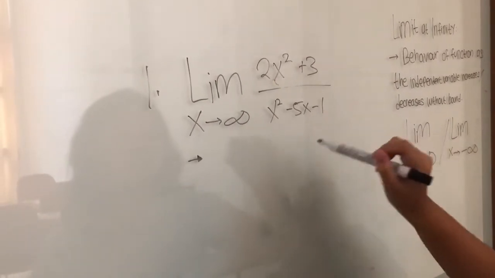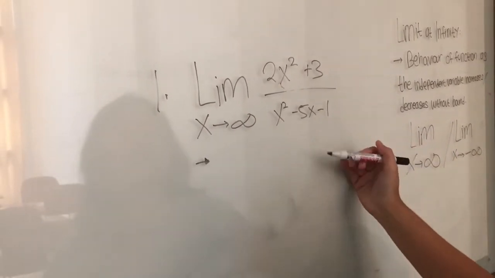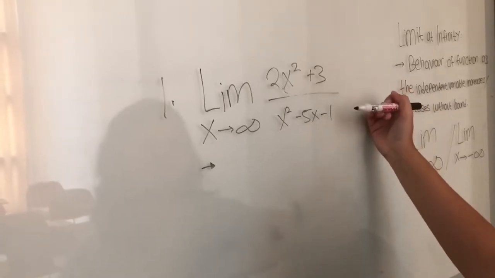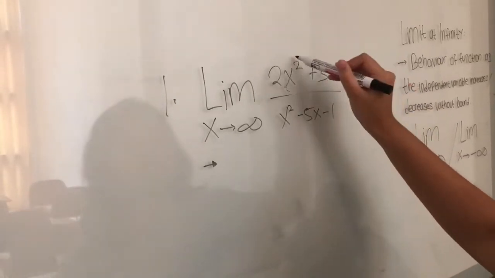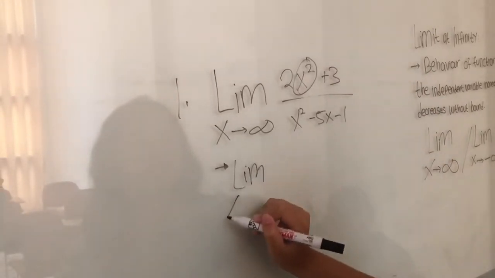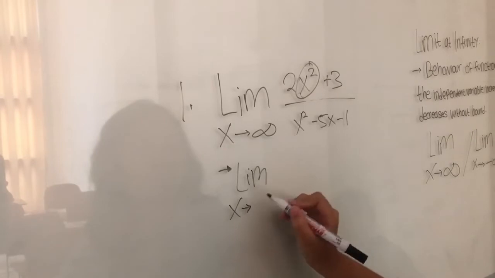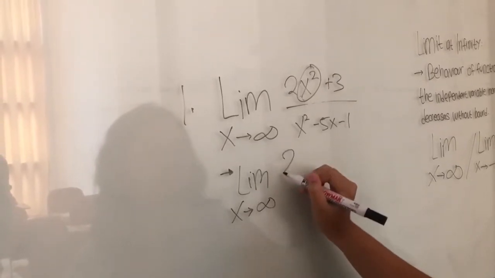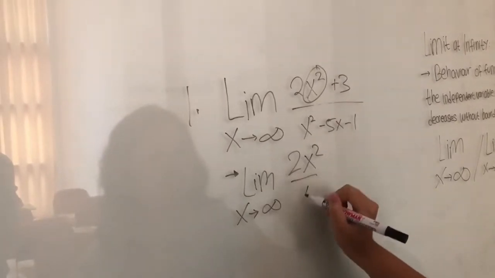When we're going to solve this problem, we need to know the highest degree of this function. The highest degree of this function is x squared. So we are going to divide all of the terms here by x squared, like this.